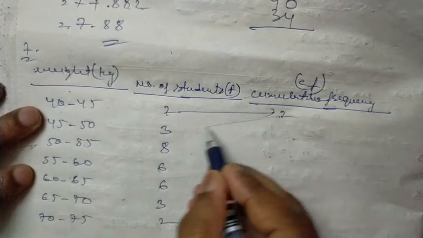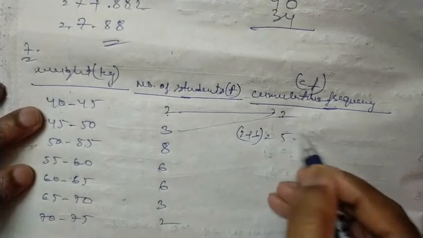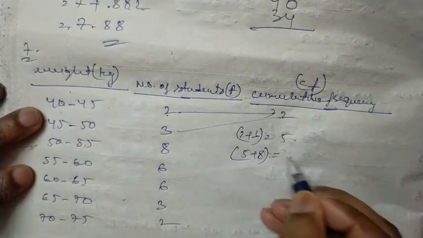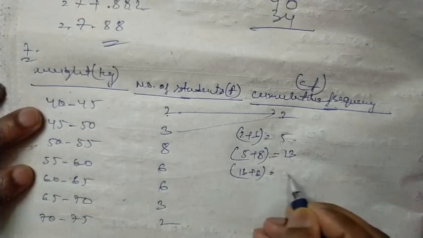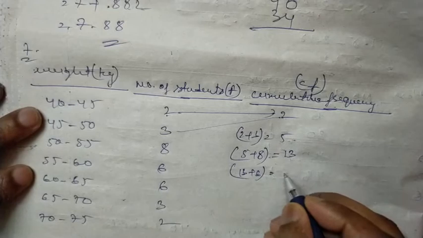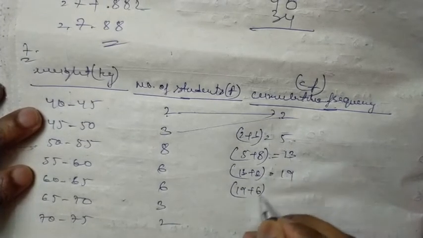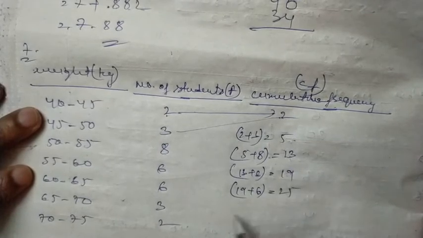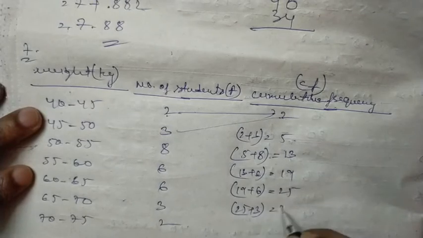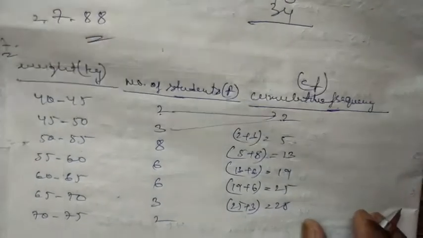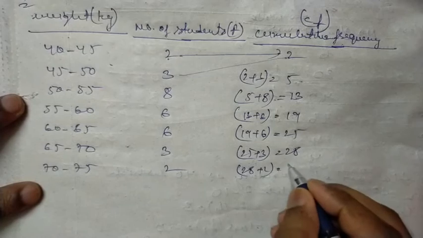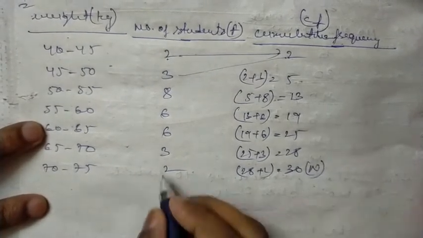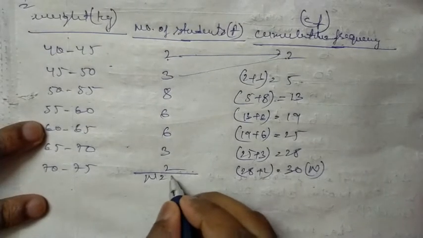Again we add this value with this: 2 plus 3 is 5. 5 plus 8, I will get here 13. 13 plus 6 will get 19. 19 plus 6 will get 25. 25 plus 3 will get 28, and 28 plus 2 will get 30. This is our n, which is also 30.